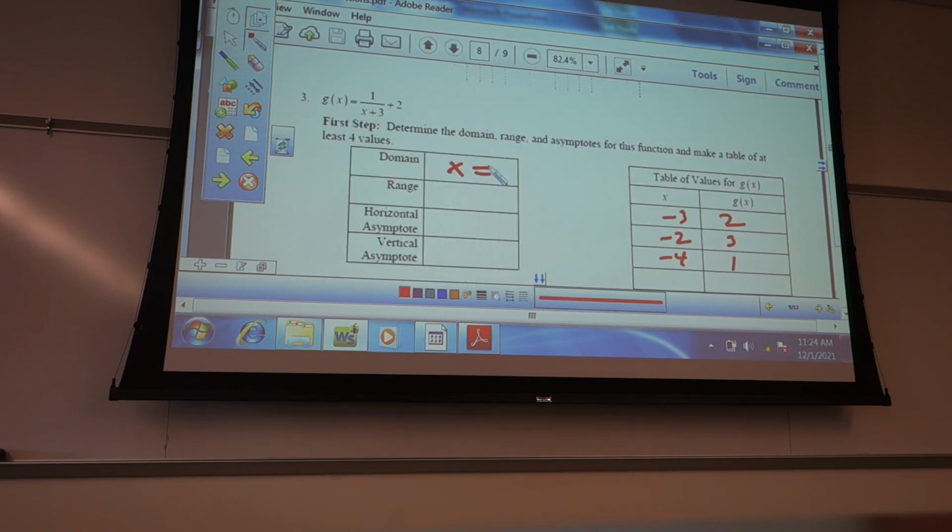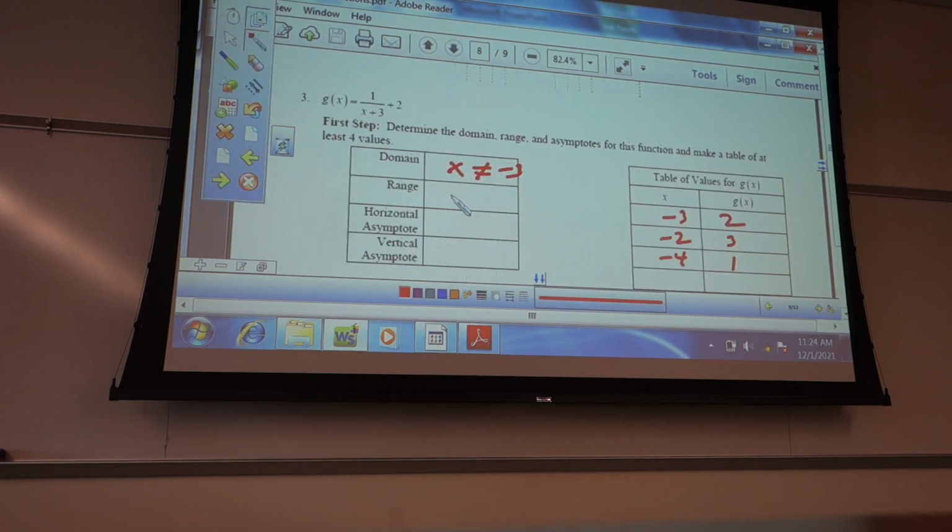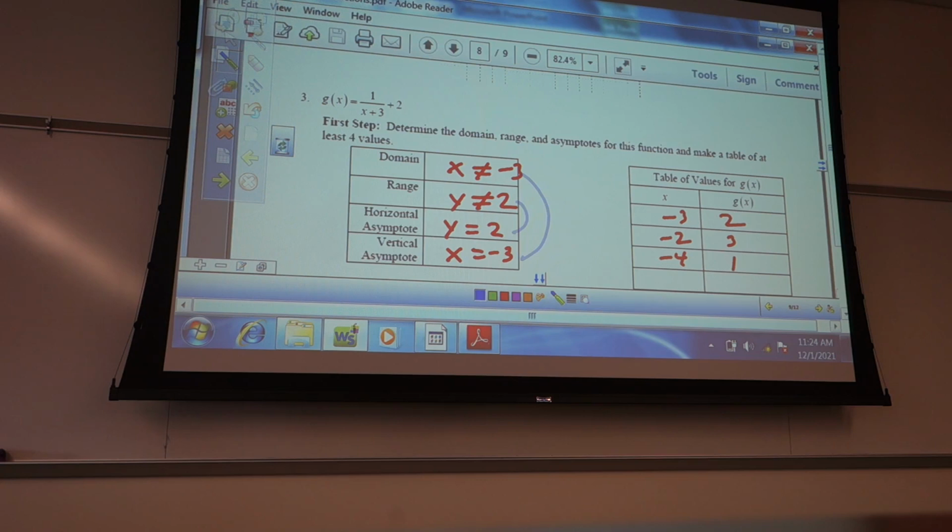And y can't be 2. So then if you look at the horizontal asymptote, that happens at y equals 2. The vertical one happens at x equals -3. Right, these have to match up. If y can't be 2, then y equals 2 is the line it can't touch.